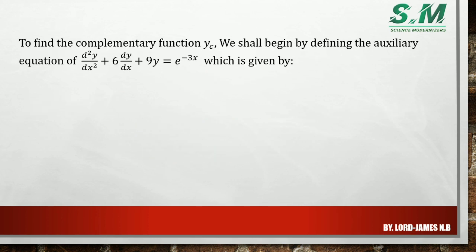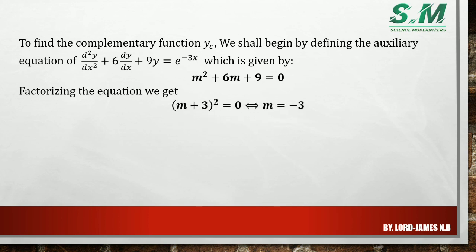In general, to find the complementary function yc, we shall begin by defining the auxiliary equation, which is given by m squared plus 6m plus 9 equal to 0. Factorizing the equation, we get m plus 3 all squared equal to 0, and that is if and only if m is equal to minus 3. We clearly see that the roots of this differential equation are real and equal.